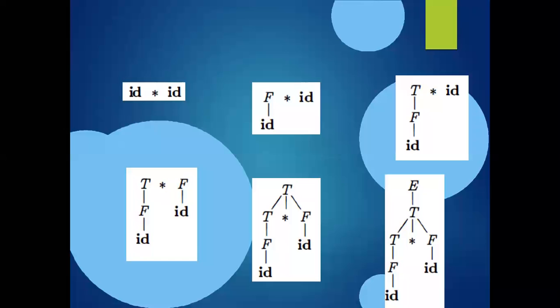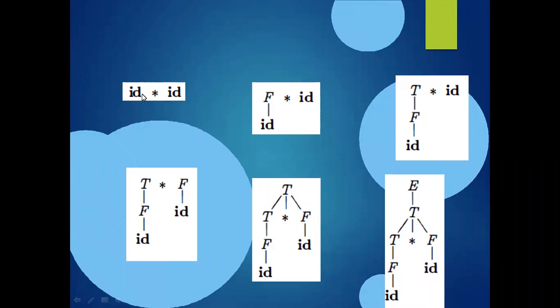And without derivation, just directly representing the tree structure like this, directly representing the parse tree like this, we are constructing it bottom up.